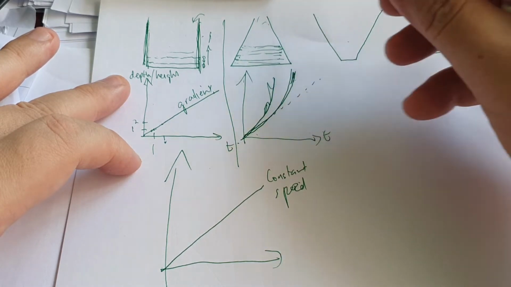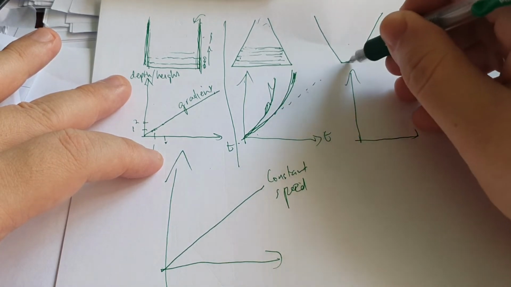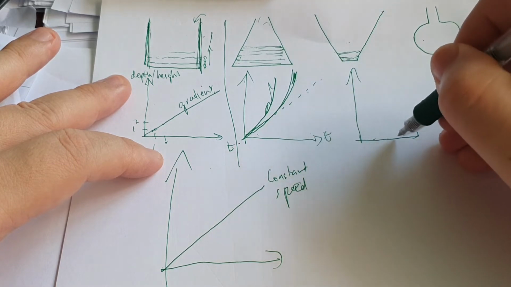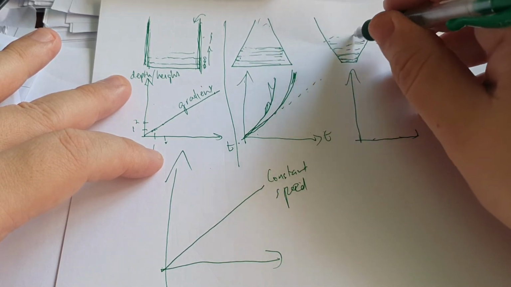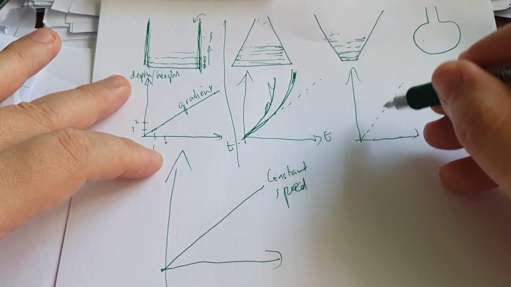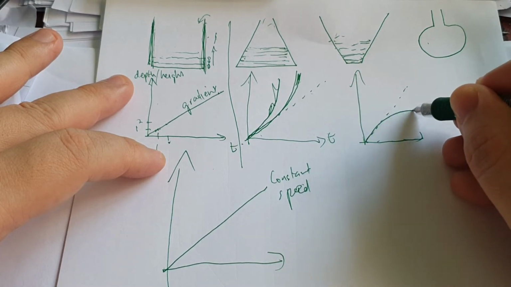Then this kind is where when you fill in water, at first, wow, very fast. But as time passes by and the water goes up, you need to fill up more space. So it's not constant speed, but the rate at which the height is increasing is getting slower and slower.